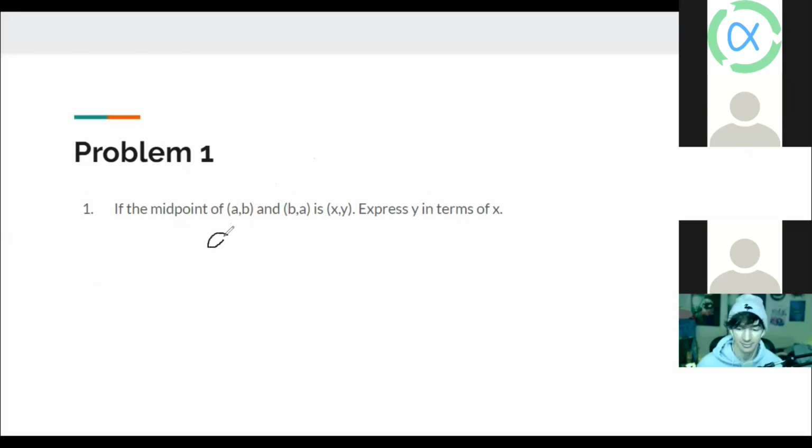So our midpoint's just going to be (a plus b) over 2 for the x-coordinate, because you just take the sum, and the y-coordinate is also (a plus b) over 2, because you're essentially just taking the averages. It says express y in terms of x. Well, y is just x, because (a plus b) over 2 is equal to (a plus b) over 2.